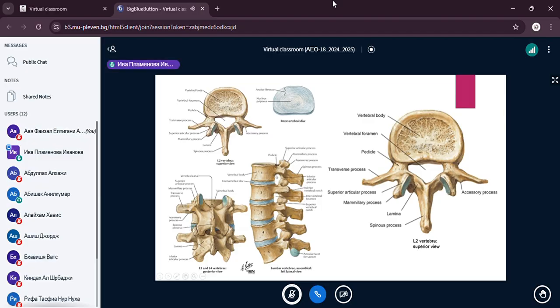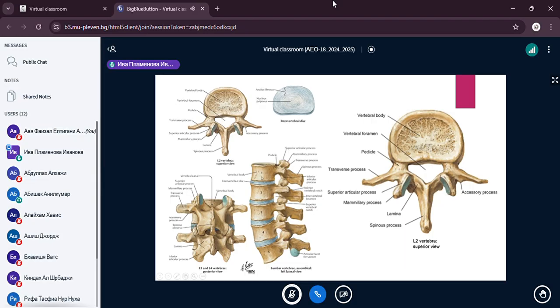Through this foramen pass the spinal nerves. And here is located the dorsal root ganglia. You study about that the next semester. So, the vertebral notch superior, inferior. Between the two adjacent vertebrae, we have the intervertebral foramen. And here is the intervertebral disc.